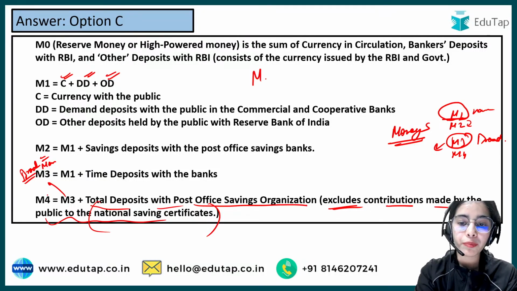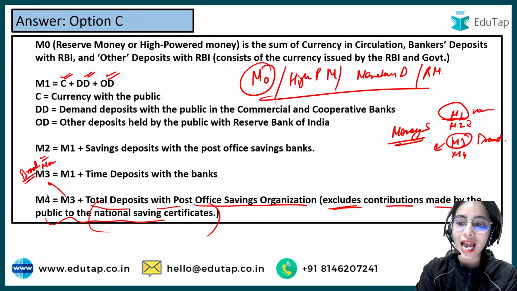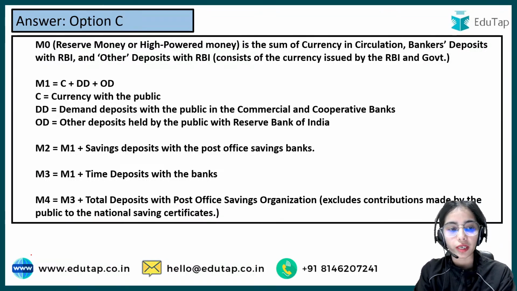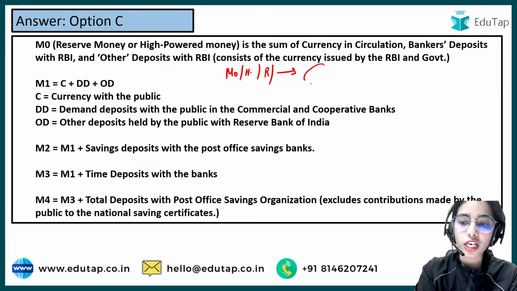Now M0, that is also known as the high powered money, or the monetary base, or the reserve money. This is the actual money that is printed by the Reserve Bank of India or the Government of India. So M0, the high powered money or the reserve money, is the money that is actually issued by the RBI and the government.